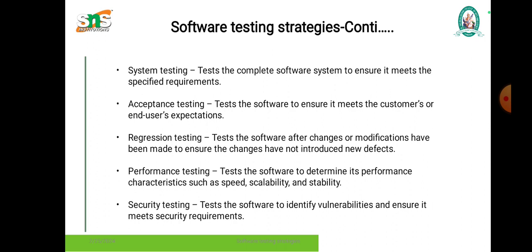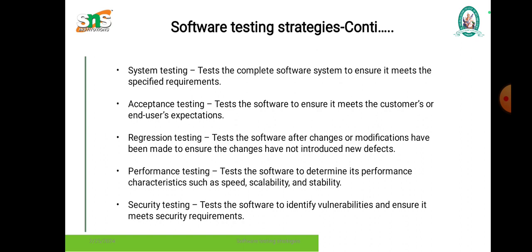And next one is system testing. It tests the complete software system to ensure it meets the specified requirements. And next one is acceptance testing. It tests the software to ensure it meets the customer's or end user's expectations. So it is called acceptance testing.